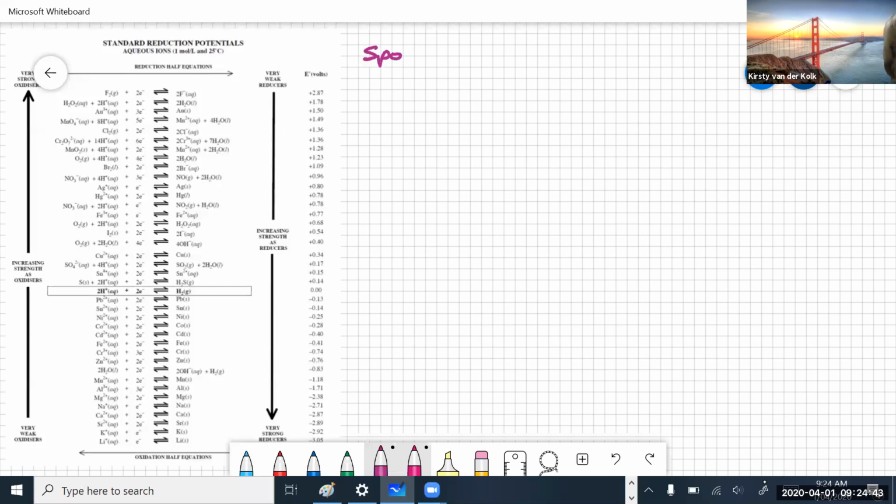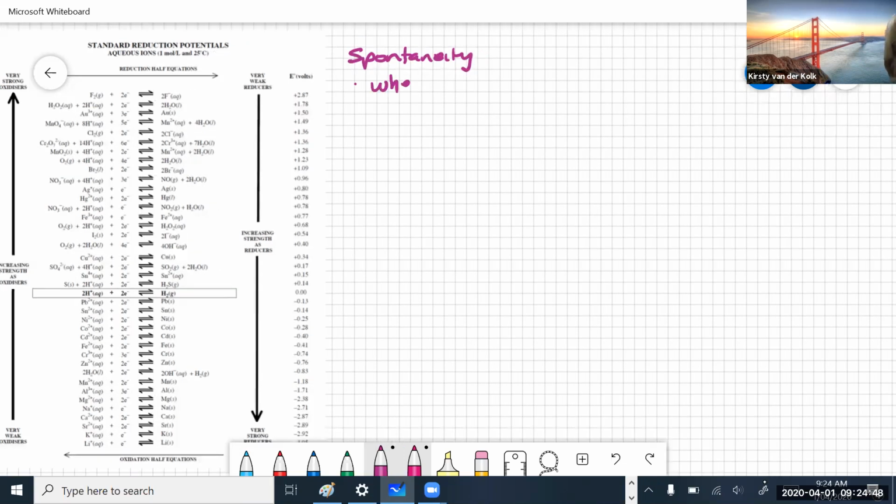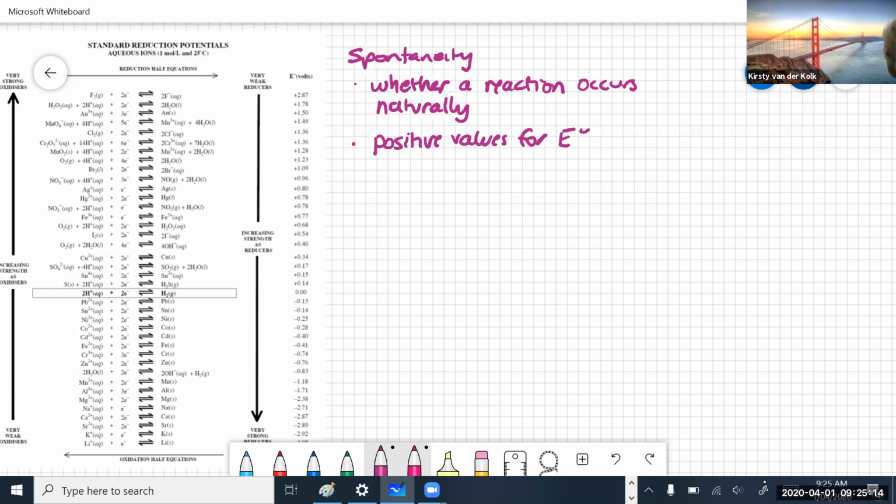So spontaneity is whether a reaction occurs naturally, and what we find is that positive values for our electrical cell potential or our reduction potential are spontaneous reactions.